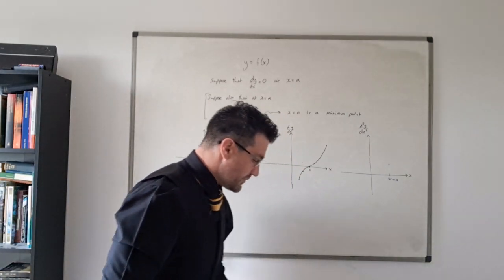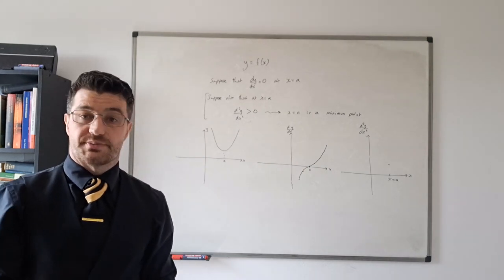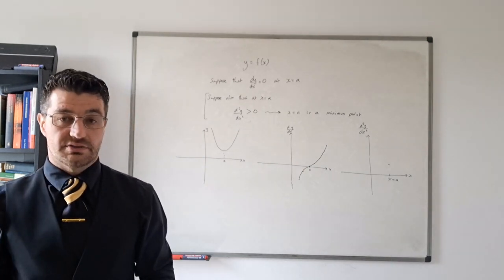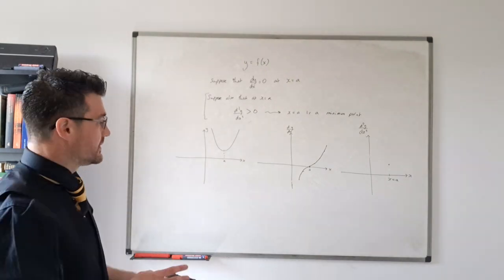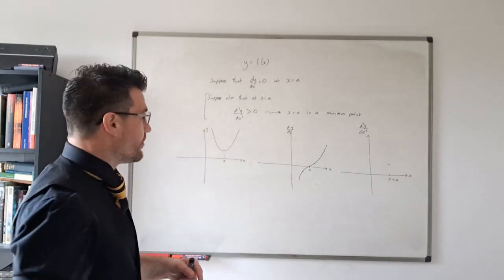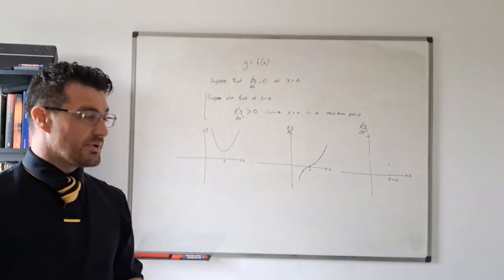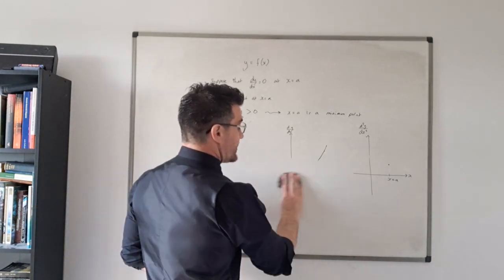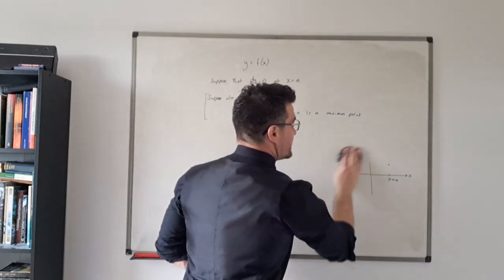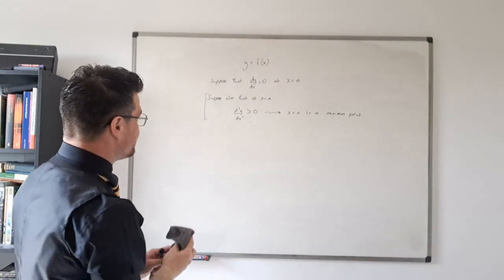But we've already seen that d2y/dx squared equals 0 could correspond to a maximum point, a minimum point, or a point of inflection, and in fact is inconclusive. So what further can we do in that case to try to establish what kind of turning point we might have? The answer is that we can try going on to the third derivative, which may itself be inconclusive.